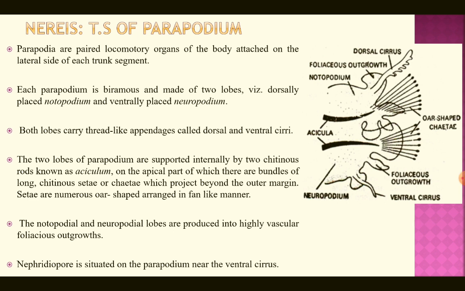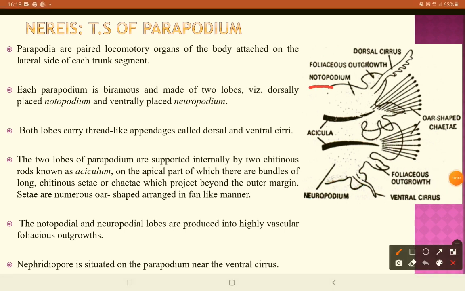the dorsally placed notopodium and the ventrally placed neuropodium. This is one segment and this is one branch, not segment, branch. So it is a biramous structure. Both lobes carry thread-like appendages called the dorsal and the ventral cirri.